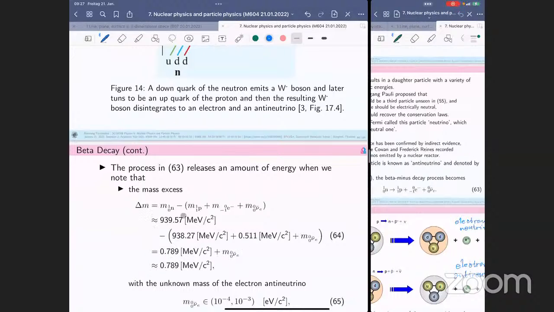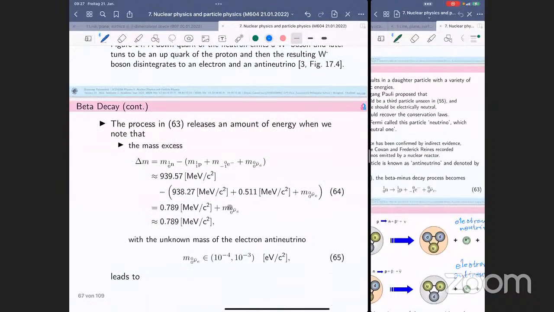Okay, the mass difference is found to be 0.789 plus the mass of the electron neutrino, but we don't know the exact value for the mass of the electron neutrino. Maybe in your generation, when you are 40, 50, or 60 years old, you might be the person who gets the exact value.